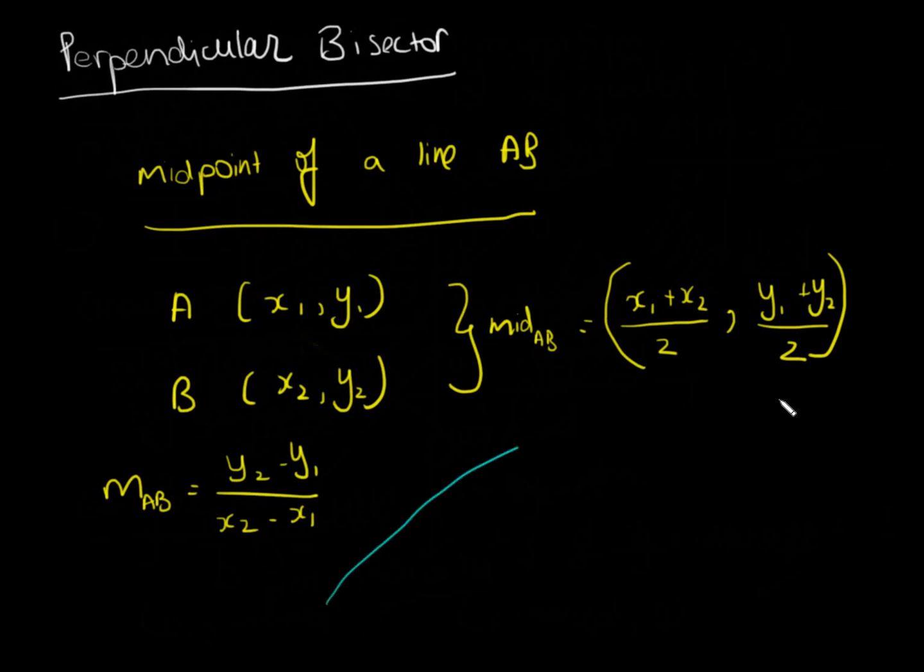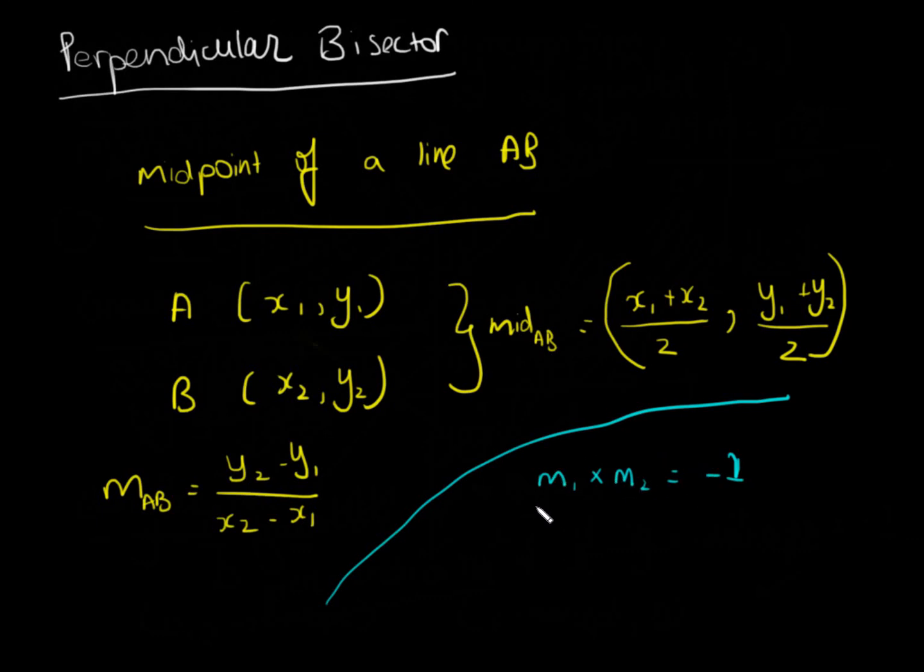So about 2 minutes ago, I reminded you guys of how we had this formula, m1 times m2 is -1, right? With this here, we have the gradient of line AB. So if we substitute that in here, we should be able to find the gradient of the perpendicular bisector.